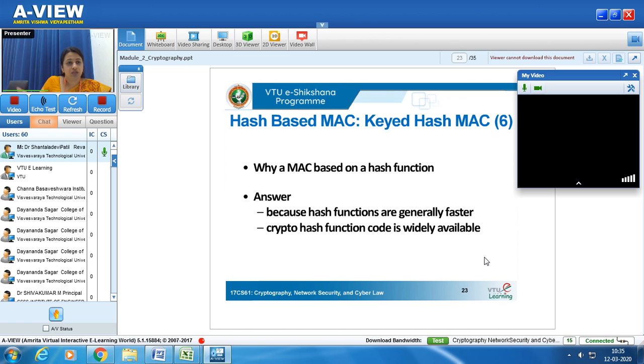But here the question is why we need to use a hash rather than the conventional method. Because hash operations are faster as compared to encryption and decryption operations. And the crypto hash function code is easily available to us.